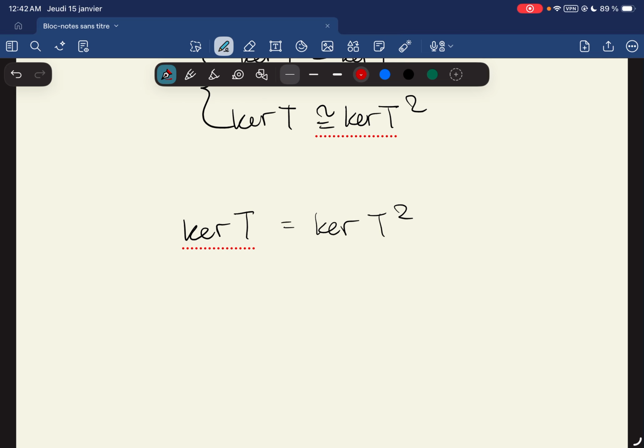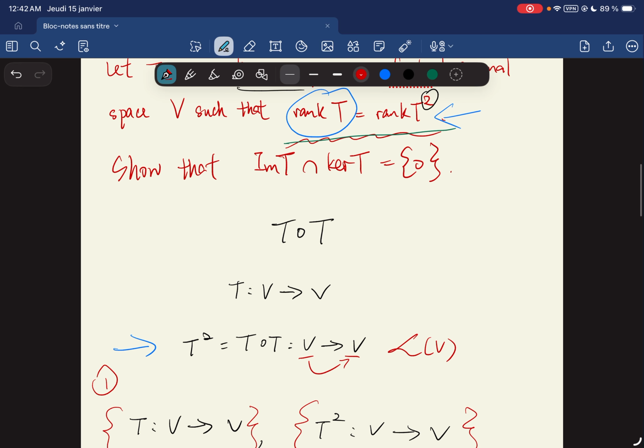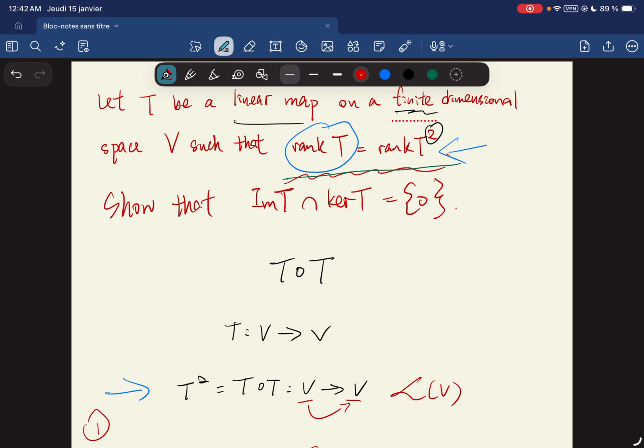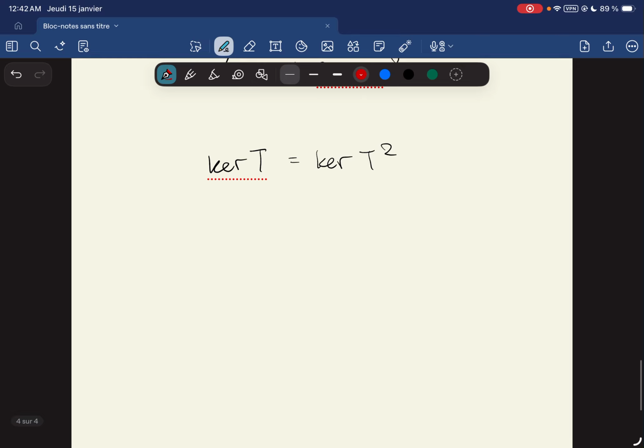Well, you might ask, it is not at all obvious for me to go from the very first step, that the rank of T is the rank of T squared, to the step that the kernel of T is the same set as the kernel of T squared. It's not obvious at all for me.